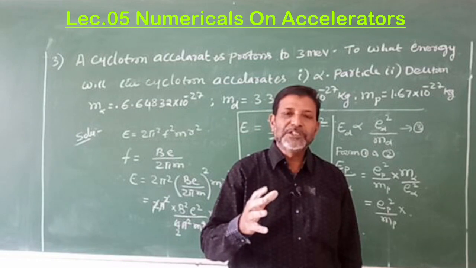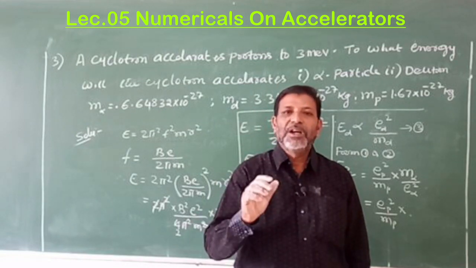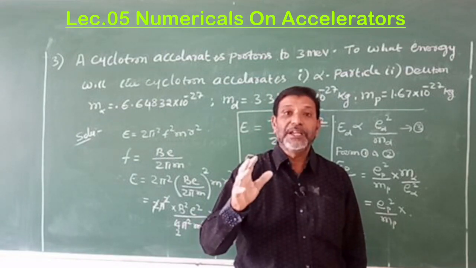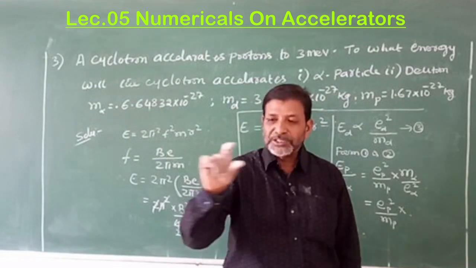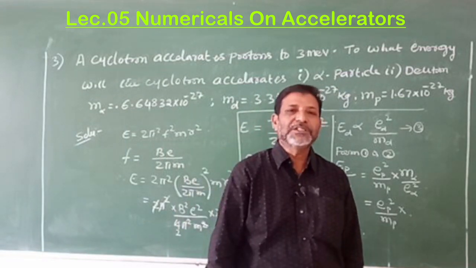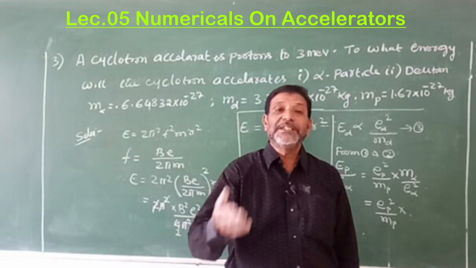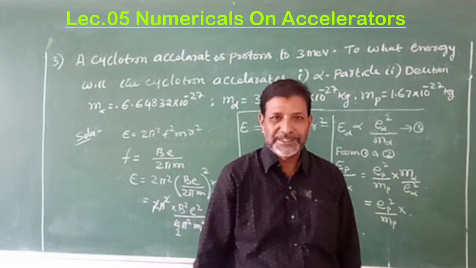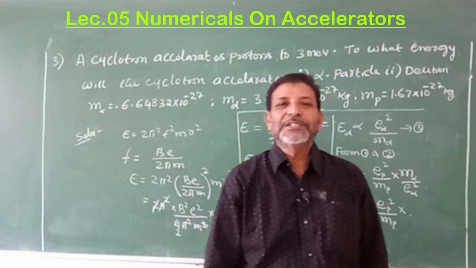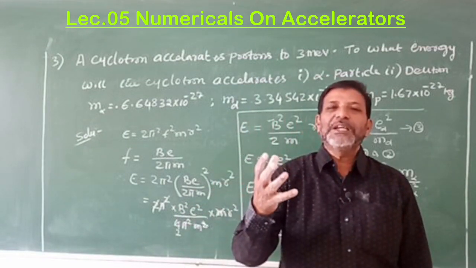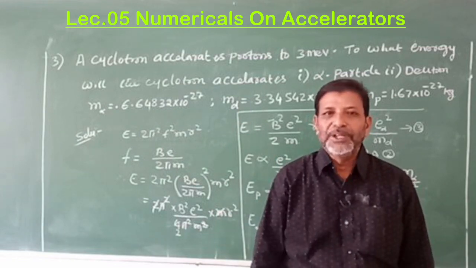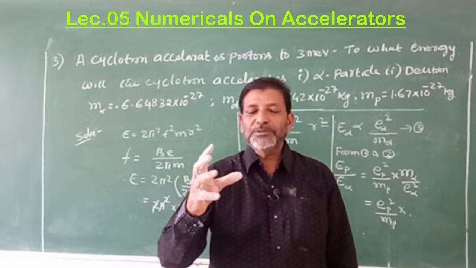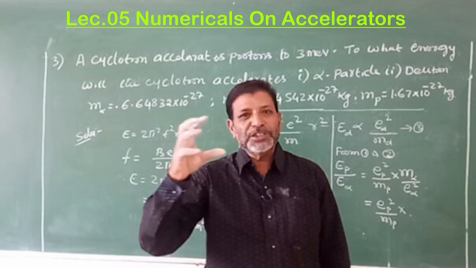During the discussion of alpha decay in the previous classes, we discussed the properties of alpha rays in detail. You have studied that the alpha particle is a helium nucleus. Helium nucleus has 2 protons and 2 neutrons. Are you followed? Therefore, helium nucleus consists of 2 protons and 2 neutrons.